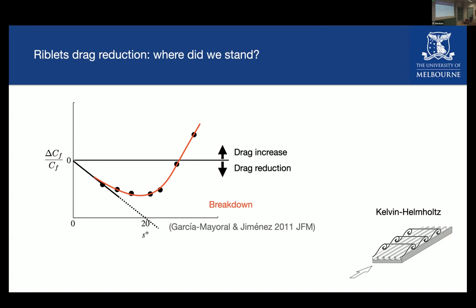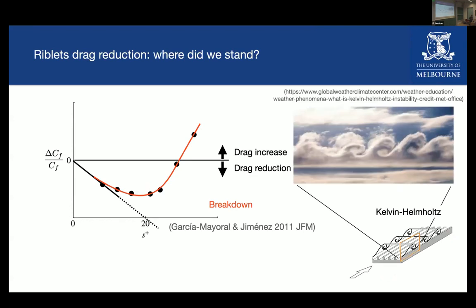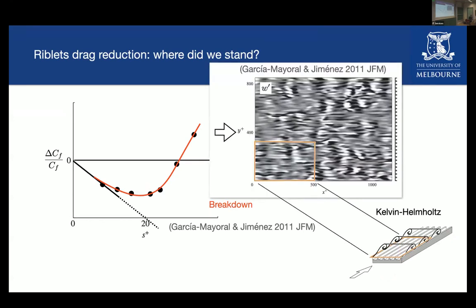Yeah, so these Kelvin-Helmholtz structures are familiar, right? We see them in clouds, for example. And here's a top-down view from Ricardo's DNS showing the wall normal fluctuations. You can see for reference, Ricardo's put in the location of the blades here. And straight away you see that these are coherent in the spanwise direction.